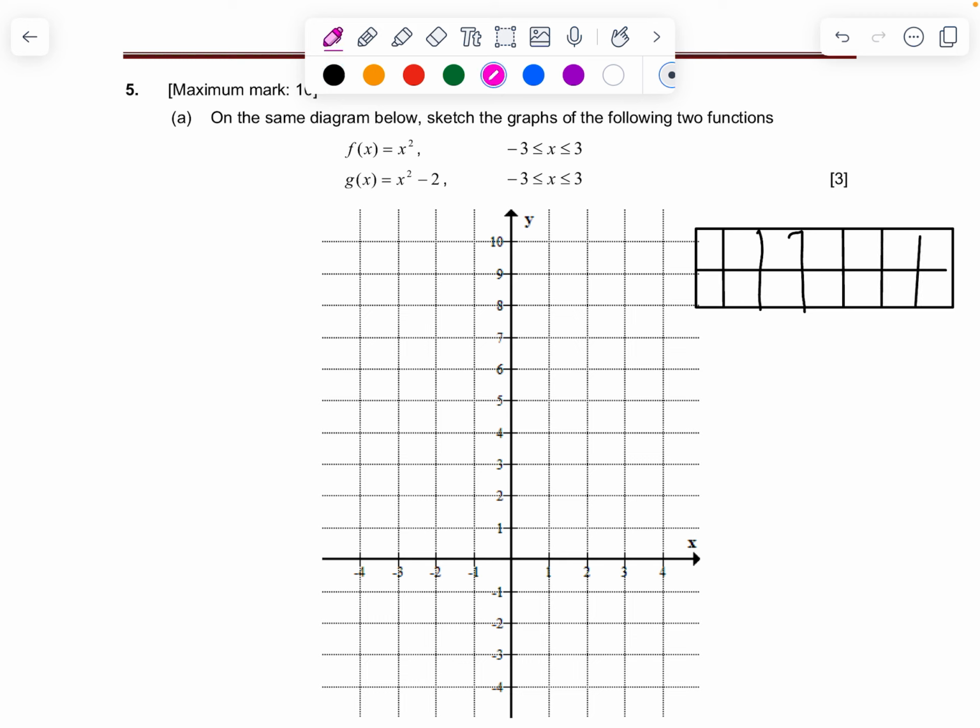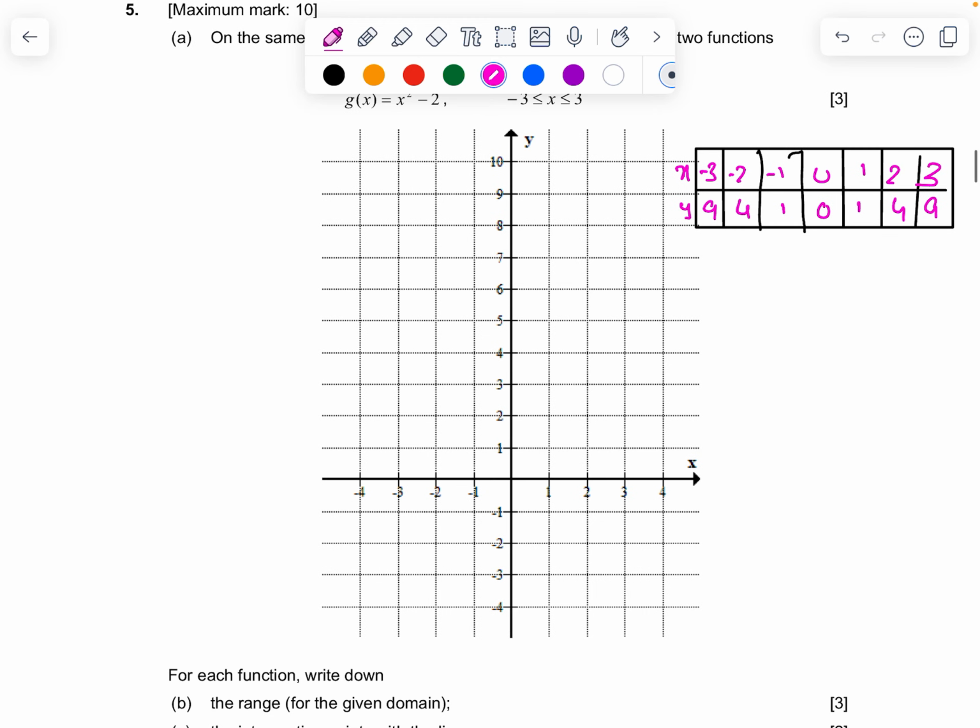So this is x and this is y. So it becomes 9, 4, 1, 0, 1, 4, 9, x squared. So when it is -3, it is 9, -2, it is 4, -1, it is 1, 1, it is 1, 2, it is 4, and 3 is 9. Now try to draw a curve.